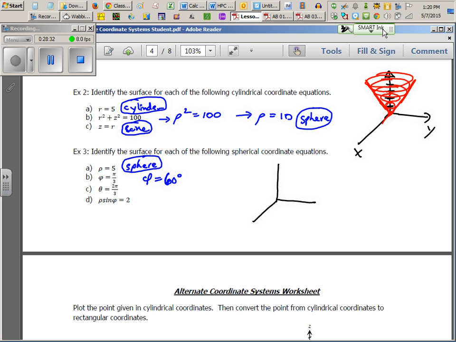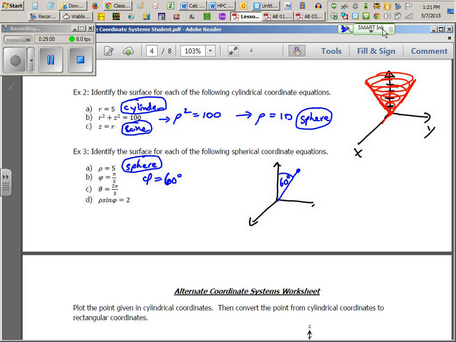What's going on is phi is the angular measure between here and here. That's what phi means, right? So without any specific mention of a direction in which to draw, all we understand this to mean is this. Take this straight z-axis and drop 60 degrees.